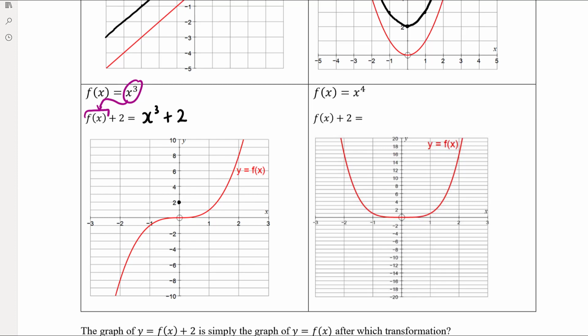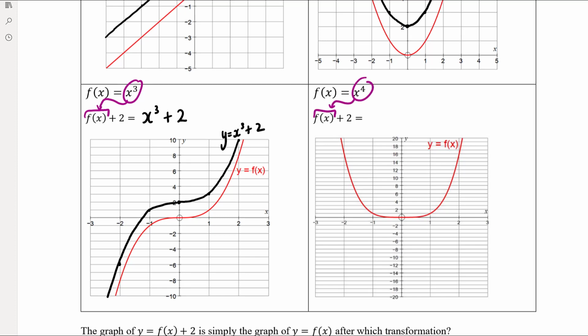Okay, and this point will also go up by 2, and this point will also go up by 2, and this point will go up by 2, and this point will go up by 2. And we have our cubic shape. Up by 2.